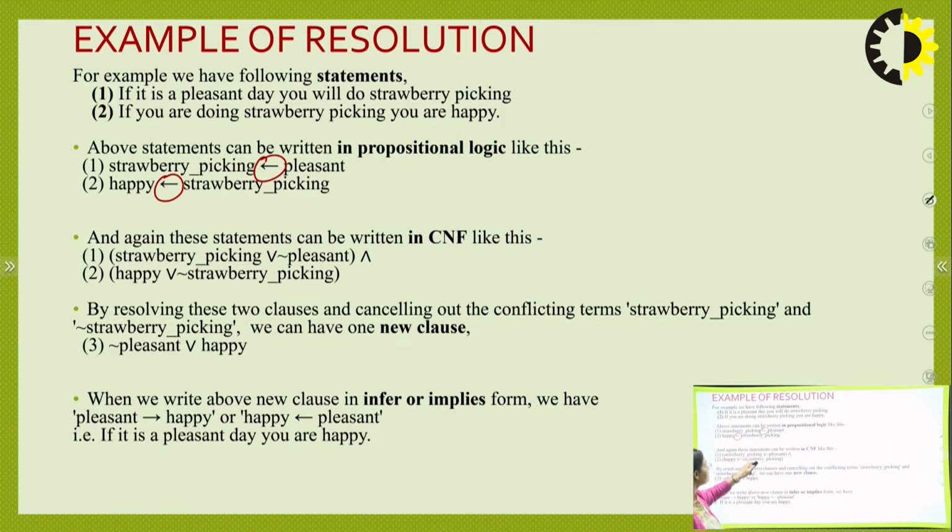That means strawberry picking or not pleasant, and finally this statement is converted this way, and these two statements are connected with a symbol. This is the symbol I am talking about: whenever CNF comes, the clauses will be connected with this connector, that is the AND connector.